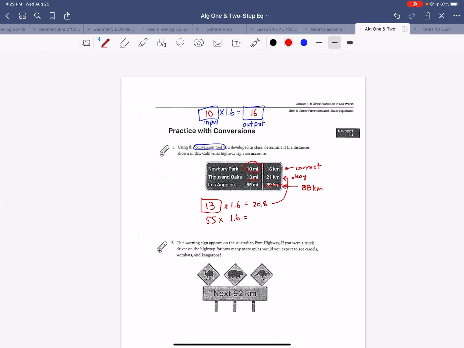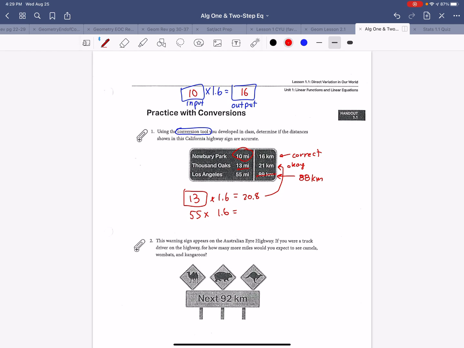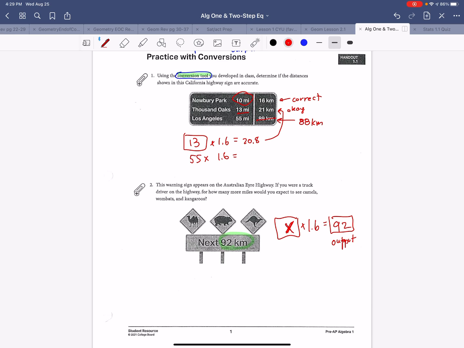Now we could also use this same conversion tool. This is like the vocab word we dealt with today. We can use this conversion tool to work backwards, right? So if I didn't know the mileage, but I knew I multiplied whatever it was by 1.6, and my output was 92, then most students in class figured out I could just divide each side by 1.6.